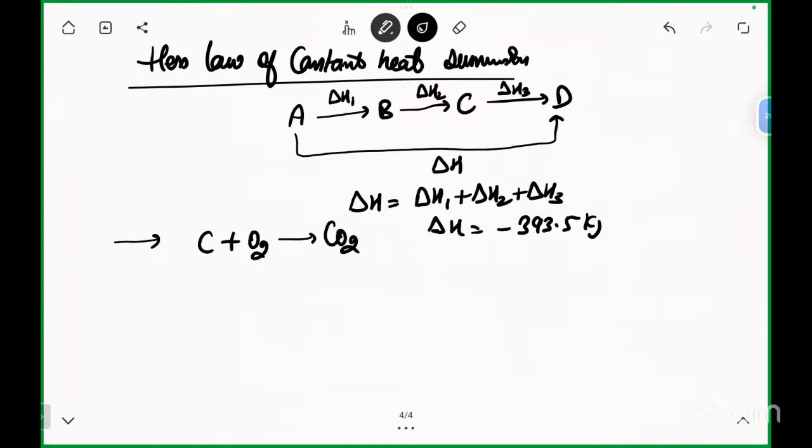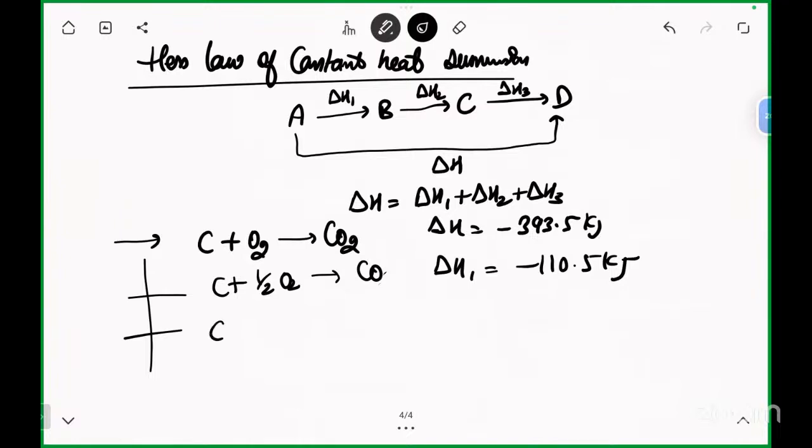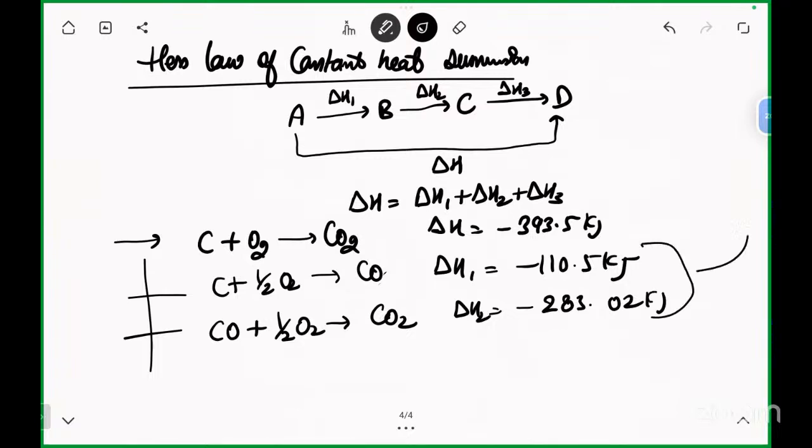But if I do this particular reaction in multiple steps, like C plus half O2 gives CO, and the delta H1 is equal to minus 110.5 kilojoules. And then CO plus half O2 gives CO2 again, delta H2 is equal to minus 283.02 kilojoules.